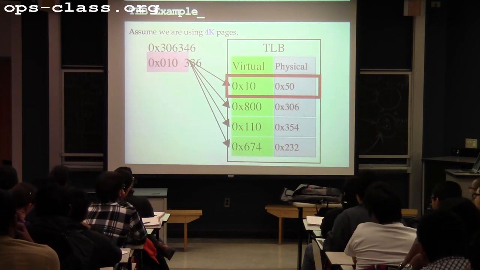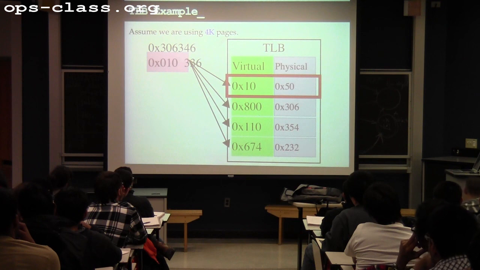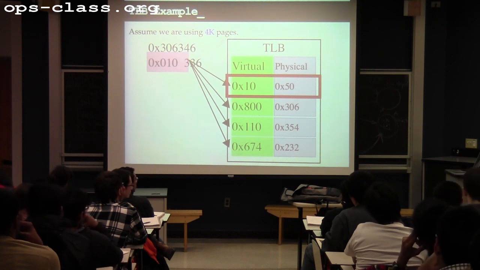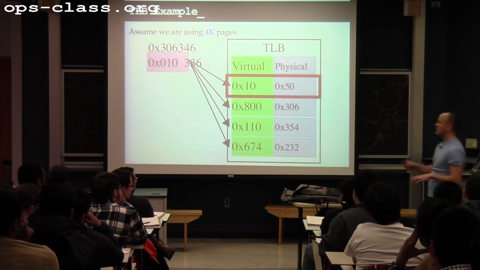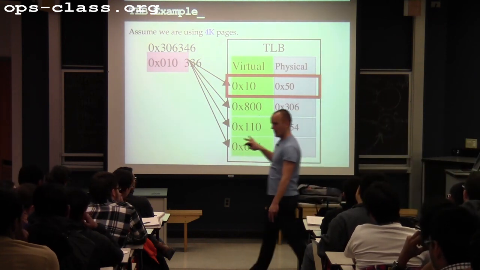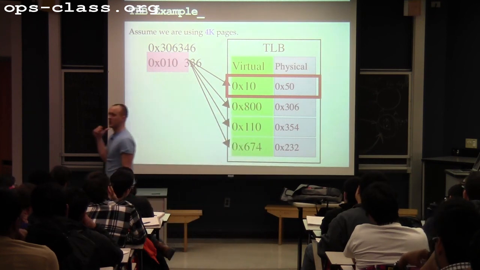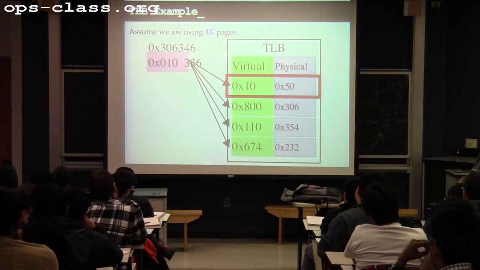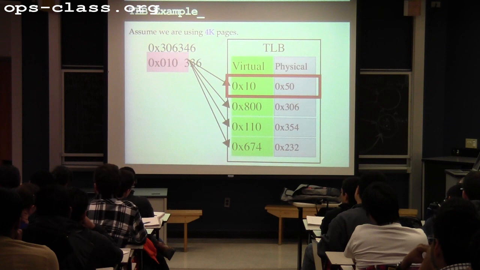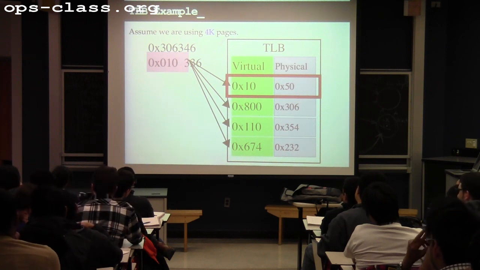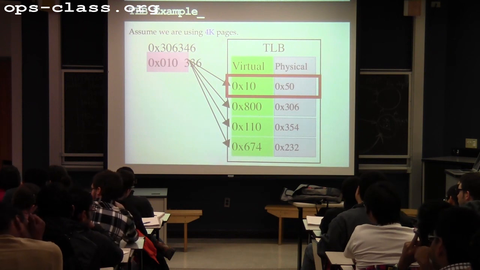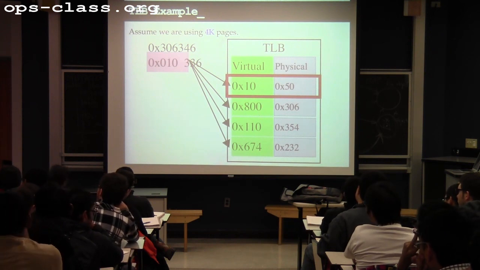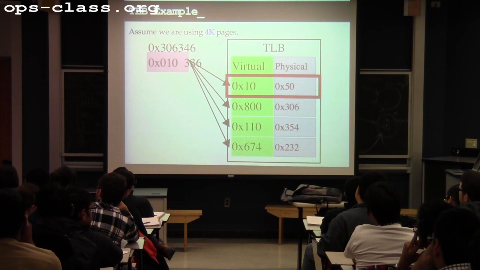Does the TLB change on context switches? Great question. Given what I've shown you, would this TLB have to change on a context switch? Yeah, because this TLB has no way to know what process is running. Some TLBs actually have a way to distinguish between processes.